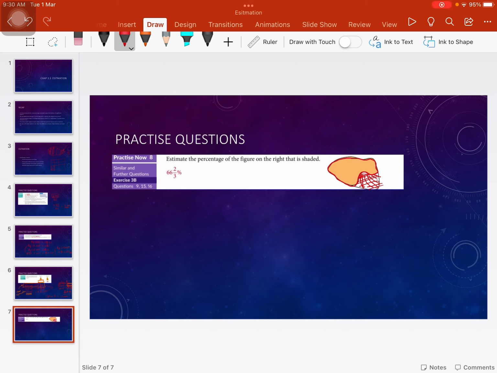Now we need to approximate this size over here. So that will be roughly the same as this area, which will be about here, and then this one will be about here. So how many sections do you have here? You have 1, 2, and 3. So the shaded region is 2 out of 3 times your 100%.